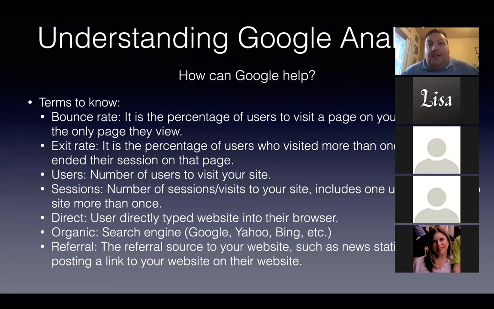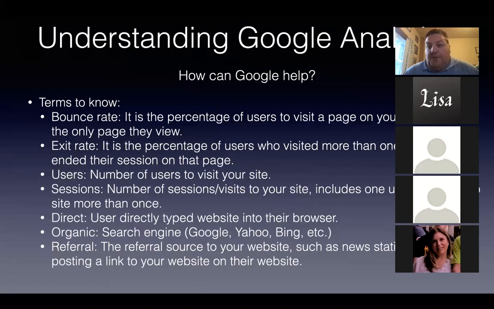An exit rate is the percentage of users who visited more than one page and ended their session on that page. So say somebody goes to your home page and then clicks on, let's say, your jobs tab, and then after they scroll on the jobs tab, they click off of the jobs, that will count toward an exit rate.